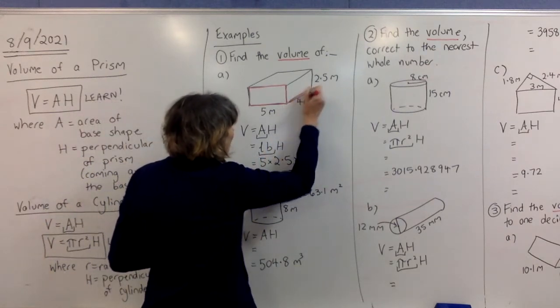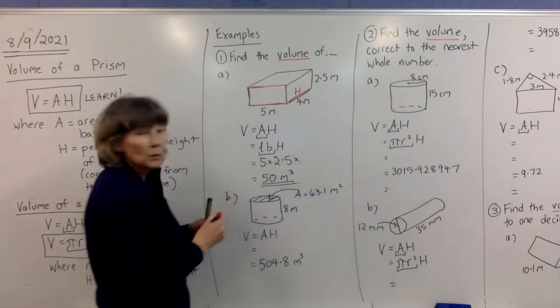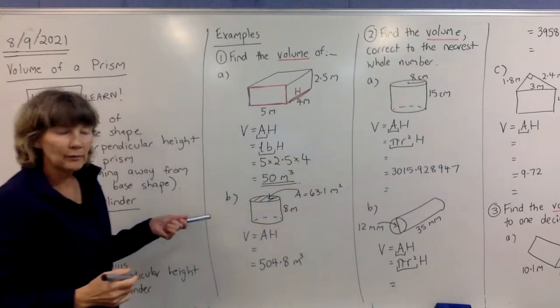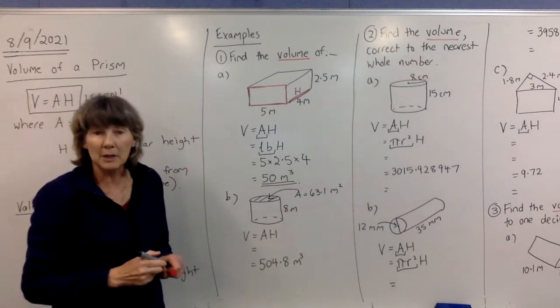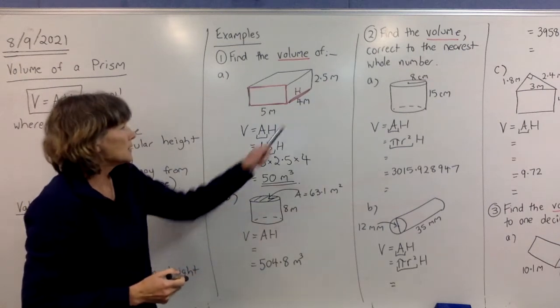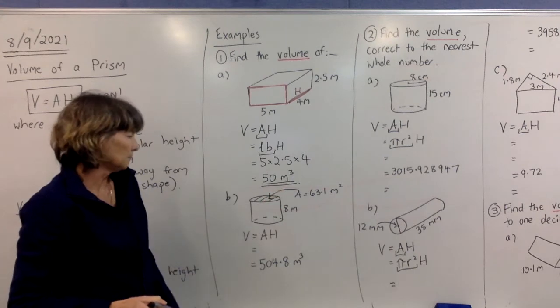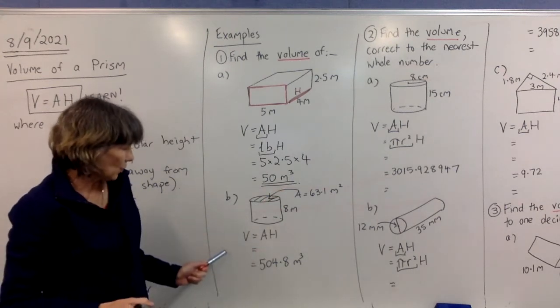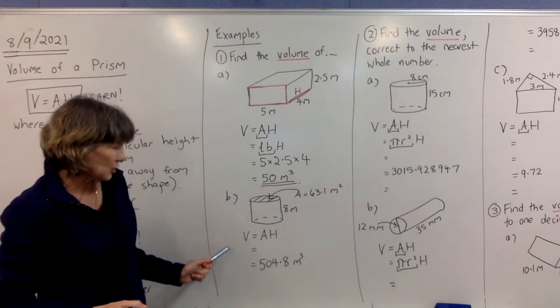So that's my height. So I'm going to put a 4 in for the height. And if you put that in your calculator, you'll get 50, and volume is measured in cubic units, so it's metres cubed.